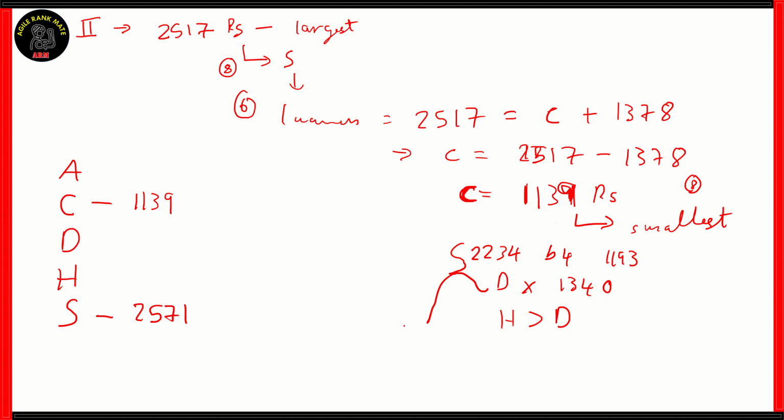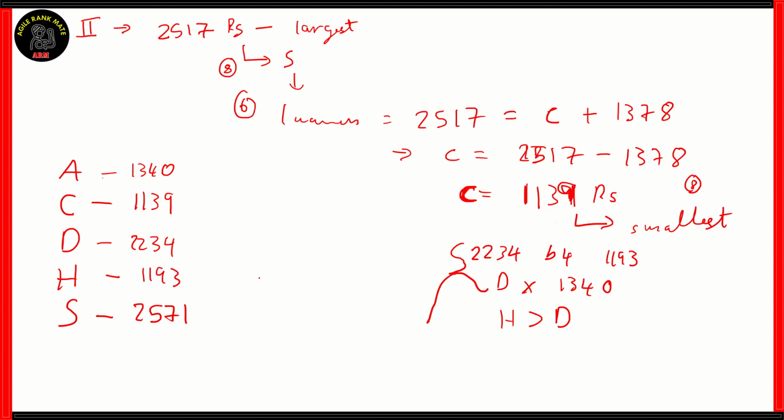Here we know that 2,234 has to be before 1,193, and since Dhanuka cannot spend 1,340, we can ascribe that to Archana, and Dhanuka gets 2,234, so that Helen can spend 1,193.